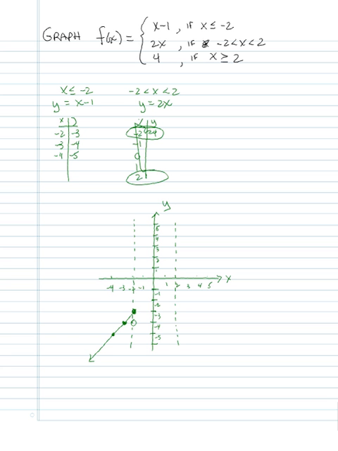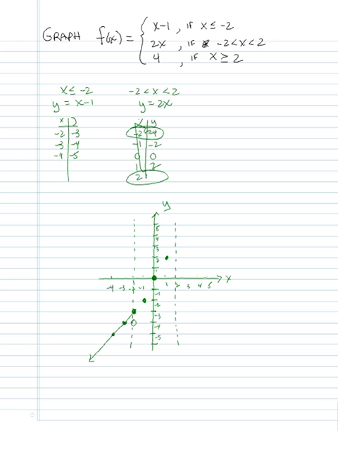Now, negative 1 I can use, and when I calculate y, I get negative 2. And so that's this position that is on the graph. And when I use x to be 0, I calculate y to be 0, and that's on the graph, right here. And when I choose x to be 1, y is 2 times 1, and so I'd get a y value of 2, and that's this position on the graph.